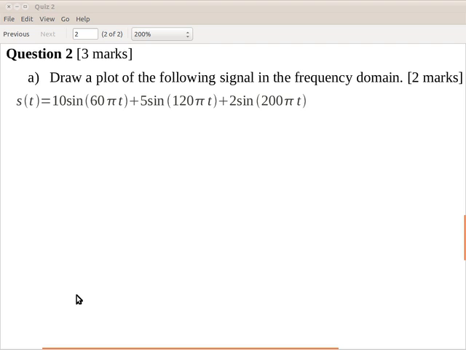And we have an impulse for each component. So at 30 hertz, we have a peak amplitude of 10. The first component is 10 times sine. Uppercase A is 10. This is the peak amplitude of that component.